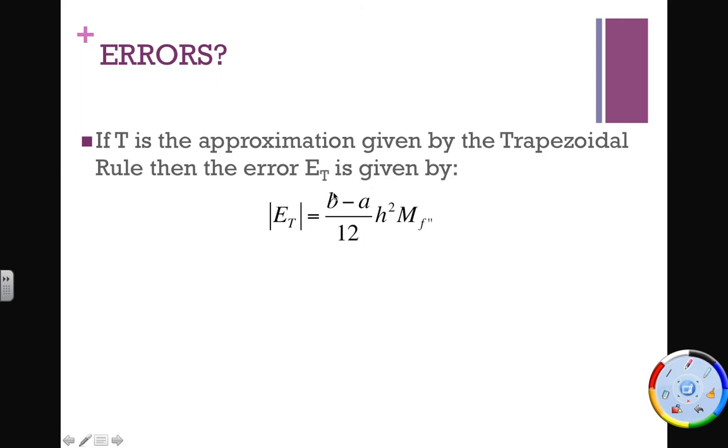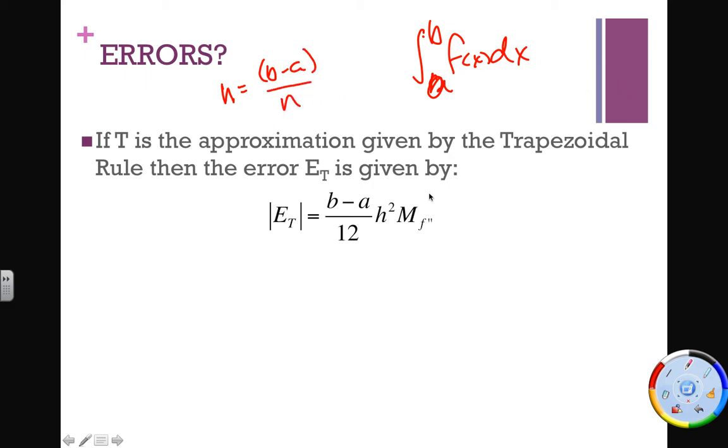But it's the integral from a to b, sorry, I didn't say a to b, of f of x dx, and if you're looking at the trapezoidal rule, it's going to be b minus a over 12. The 12 is a given number, it's always 12 in this case, times h squared, where h is that distance, and h, remember, is b minus a over n. So that's pretty easy.